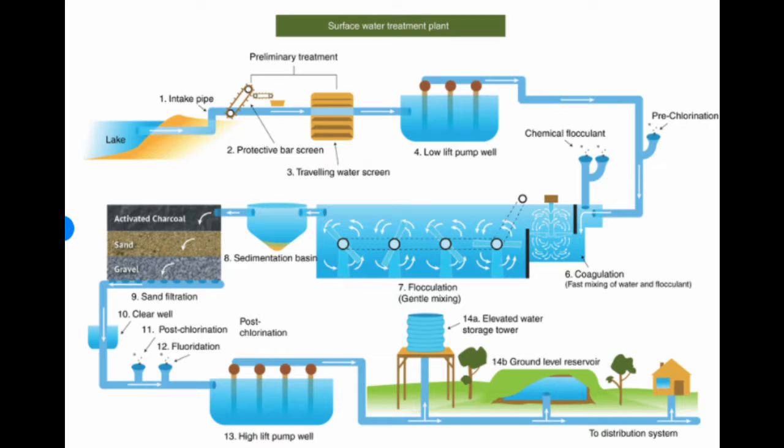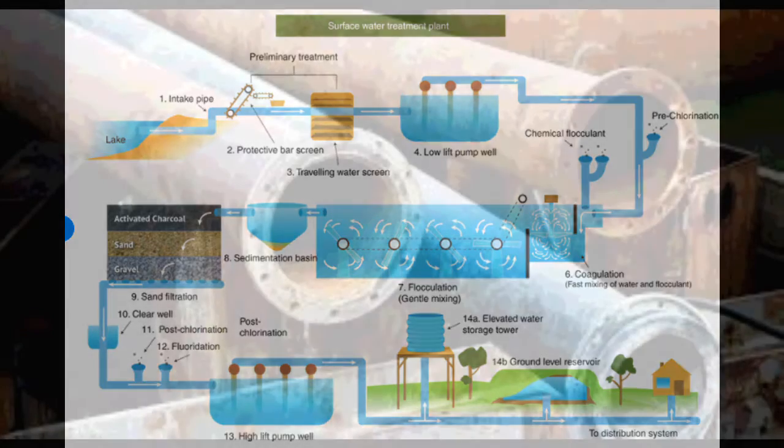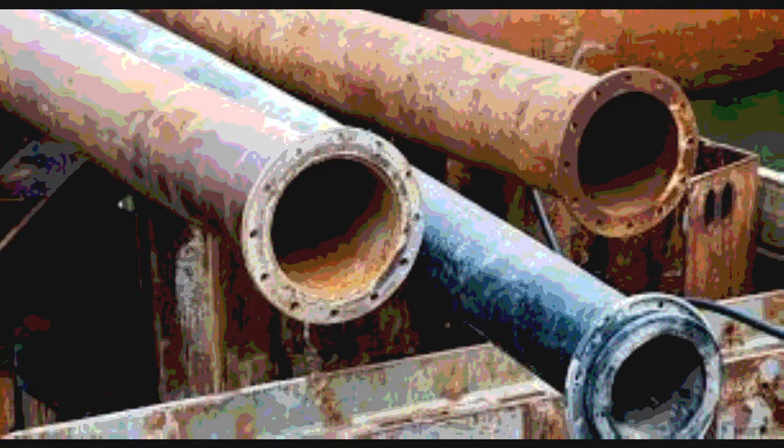One of the most important chemicals for our example here is anti-corrosive chemicals, which prevent the leaching of lead from metal pipes, or well, copper as well for copper pipes, but for this example, we'll be looking at lead pipes specifically.